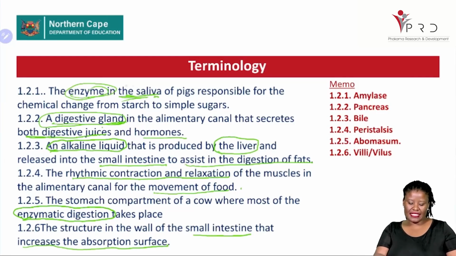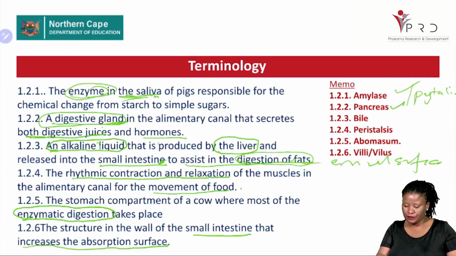So the enzyme that is in the saliva is salivary amylase, which is also known as ptyalin. A digestive gland that secretes both digestive juice and hormones is the pancreas. That alkaline liquid which is produced by the liver and then deposited in the small intestine in order to assist in the digestion of fats, where we talk of emulsification, which is the breaking down of fats, is bile.